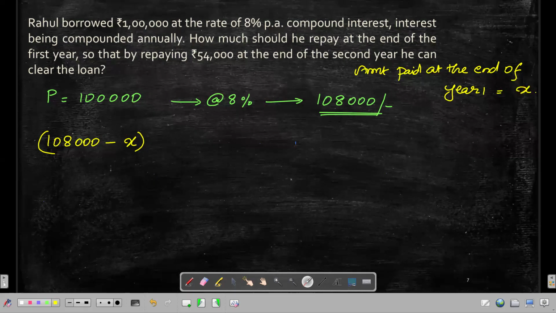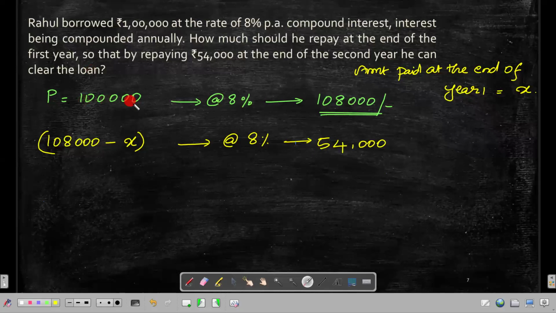So the outstanding amount will be 1,08,000 minus X. Now this again grows at the rate of 8% and it becomes 54,000. Thus by repaying 54,000 rupees at the end of the second year, Rahul is clearing the loan. You got the point?